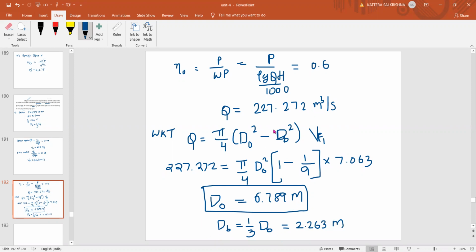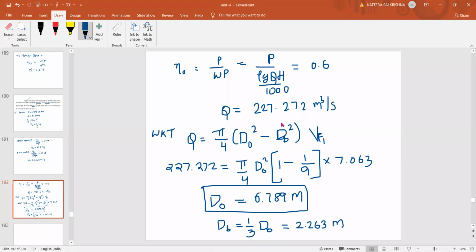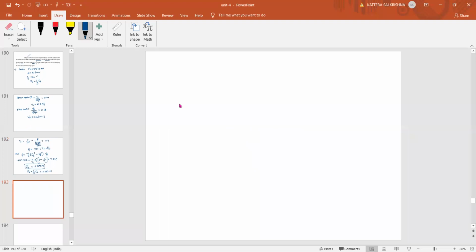What he asked in the question: first, find the diameter of the runner, so we found D naught. Next it asks to find the speed and specific speed. Now we have the diameter, so we can use the U value to find N, using U equals pi D naught N by 60.